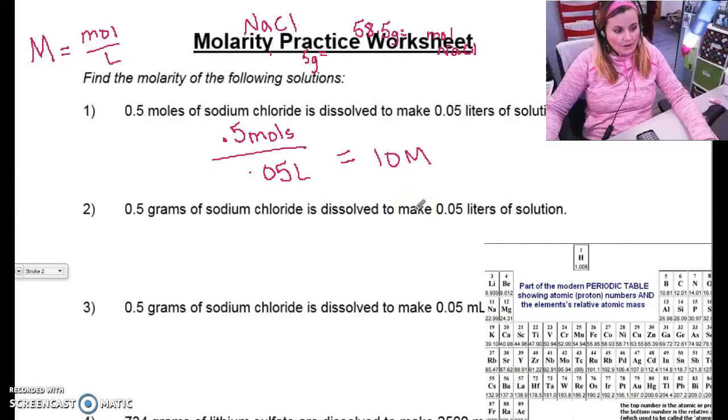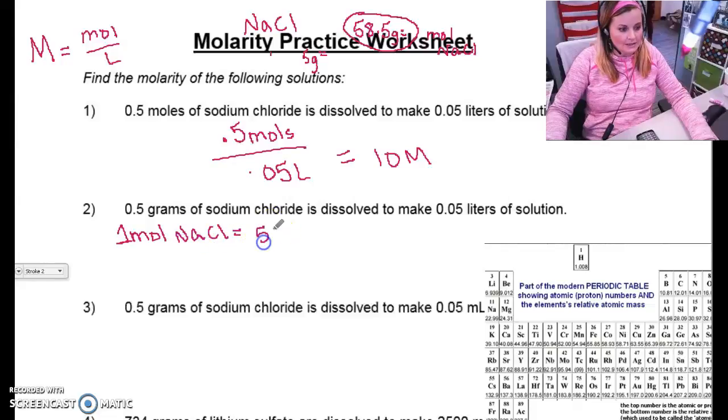The second one: 0.5 grams of sodium chloride is dissolved to make 0.05 liters of solution. Now, if you remember up here, we figured out the mass of a single mole of sodium chloride. 1 mole of sodium chloride is equal to 58.5 grams.